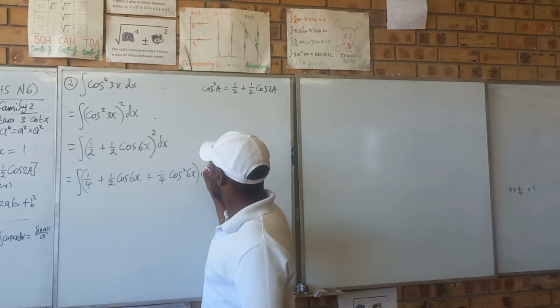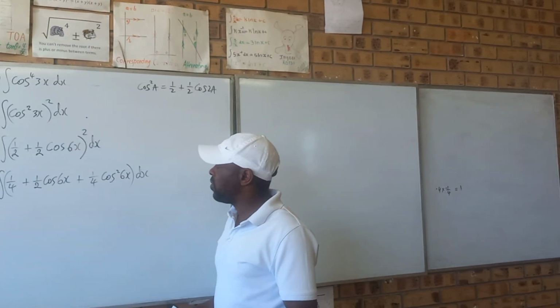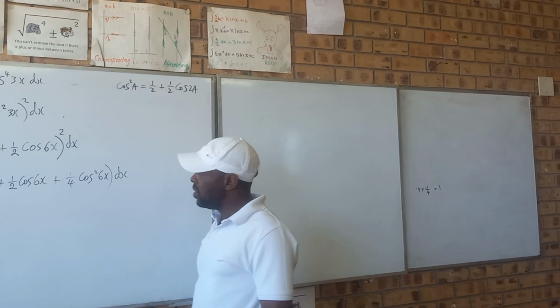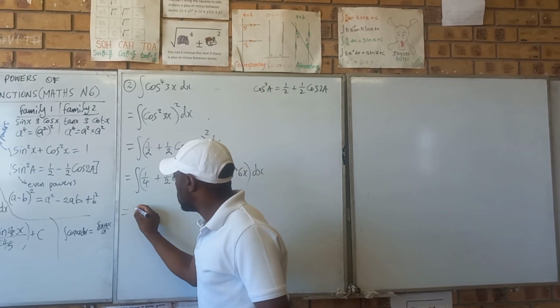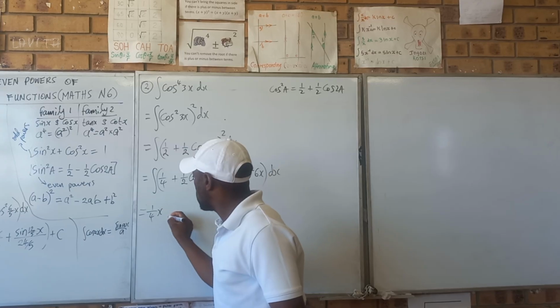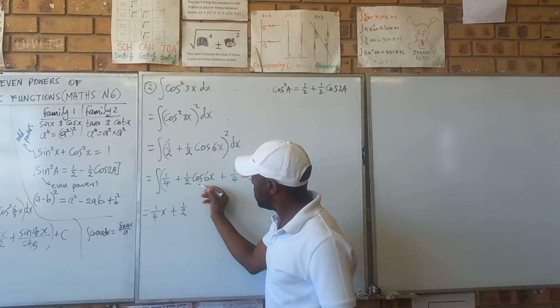So that is it, dx. So from here, just like in the first problem, I'm writing my final answer. Because I've got 3 terms, the first one is a constant. When I integrate the constant, I get my 1/4x, followed by a half. I don't integrate the constant when I see the variable.